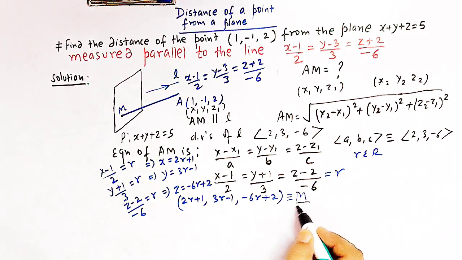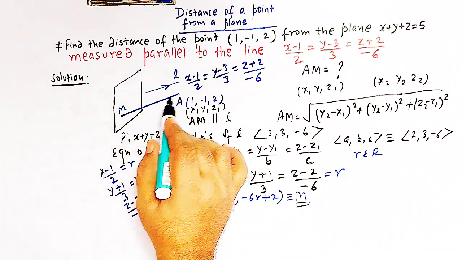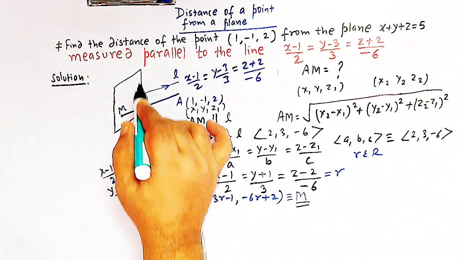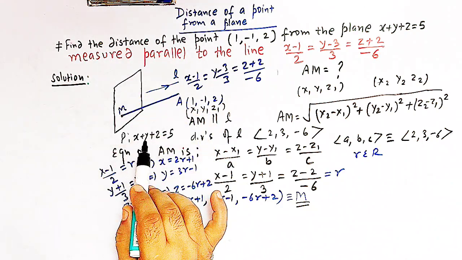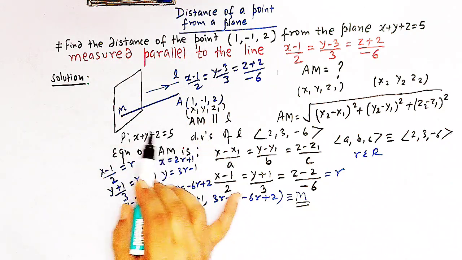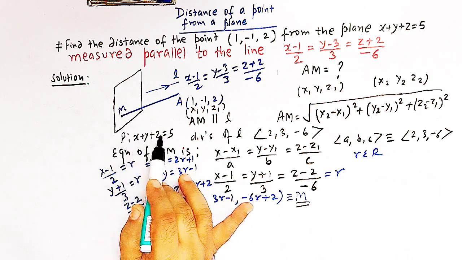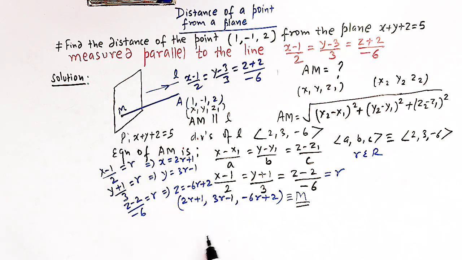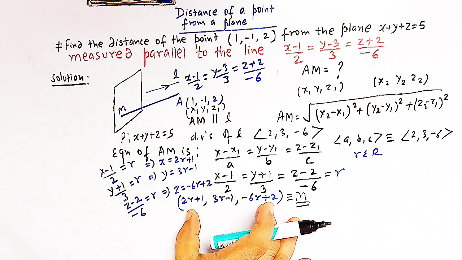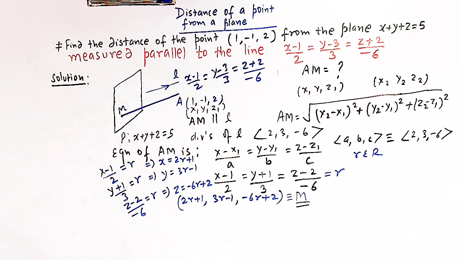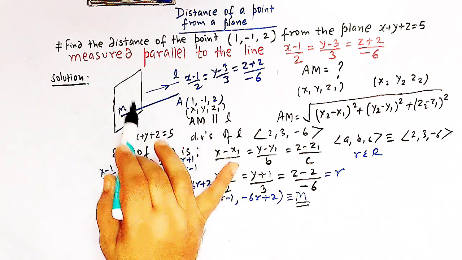Now this point M lies on AM as well as on the plane x plus y plus z is equal to 5. So this point M satisfies the equation of the plane. We can take x, y, z in terms of r and substitute this coordinate in the equation of the plane P, because M lies on the plane.